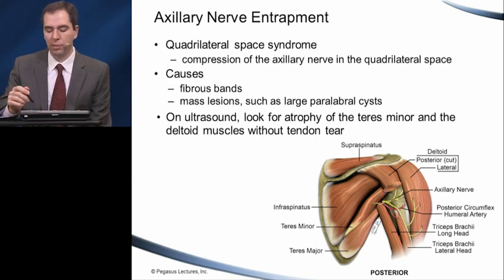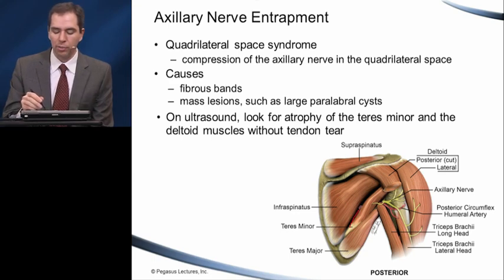The common finding that you will see is atrophy of the teres minor muscle without atrophy of the remainder of the rotator cuff. And then sometimes you can also see atrophy of the deltoid muscle in conjunction with the teres minor muscle atrophy, but it's much more common just to see atrophy limited to the teres minor, and that should suggest quadrilateral space syndrome in that case.